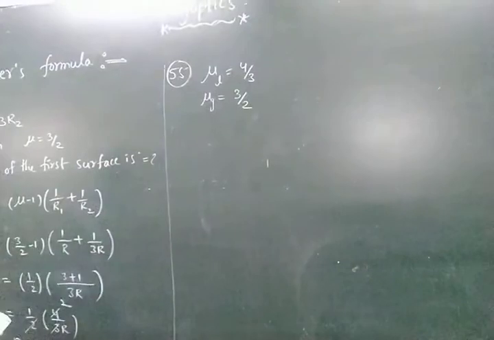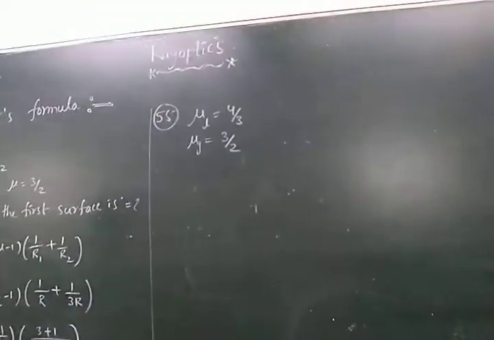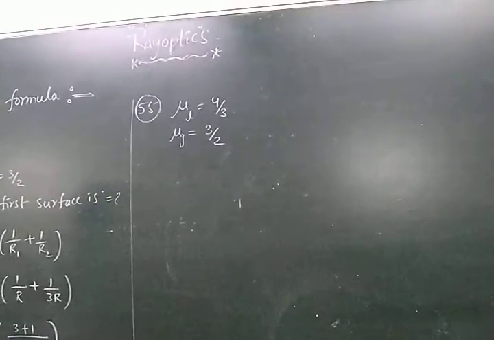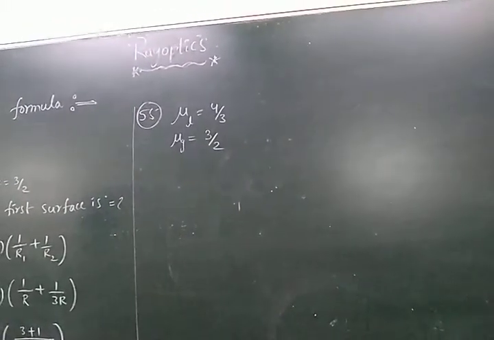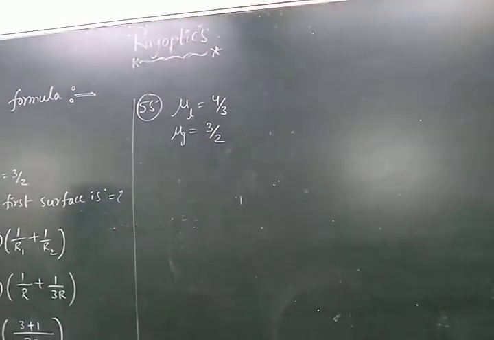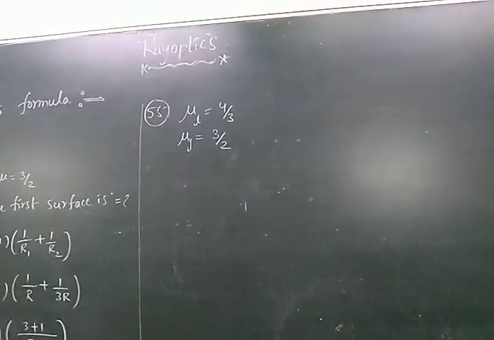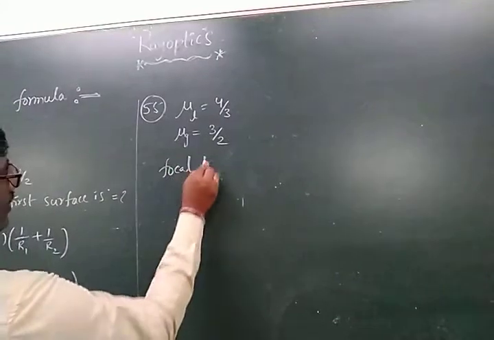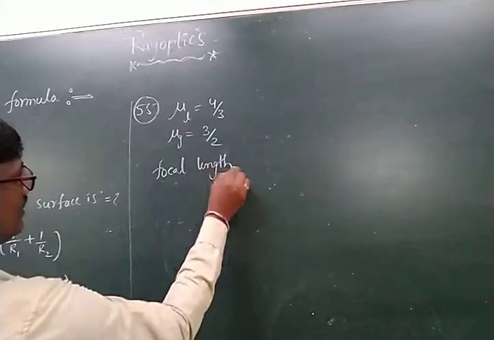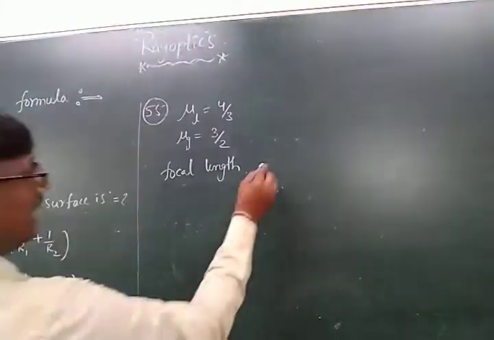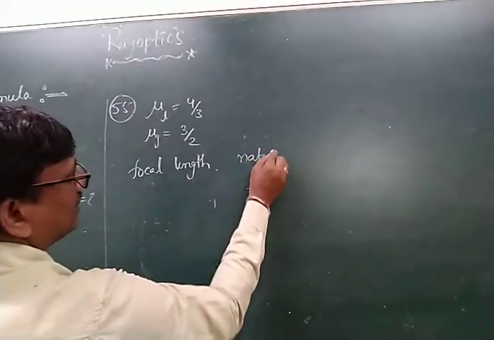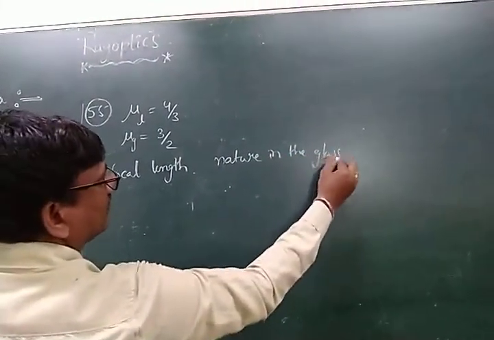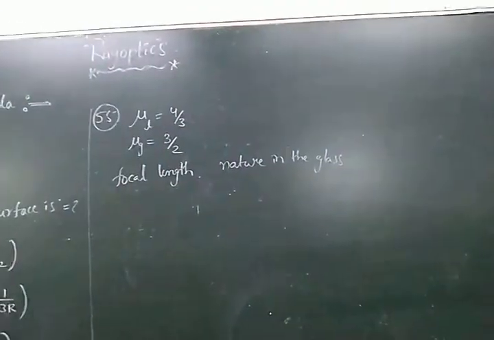If f is the focal length of the liquid lens, we can find the focal length and also the nature of the lens in the glass.